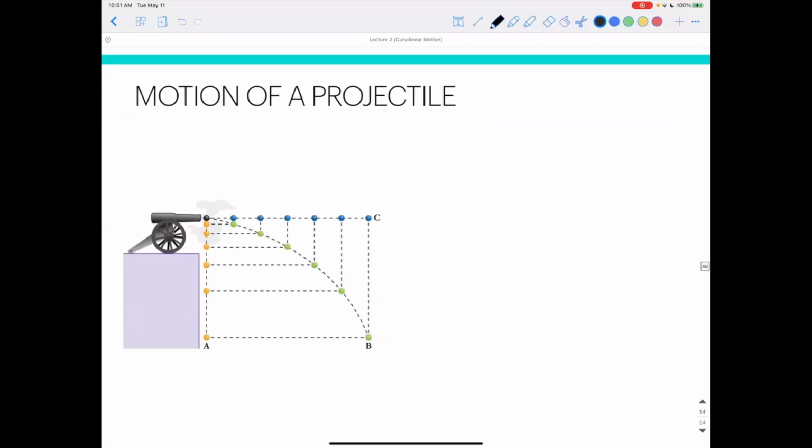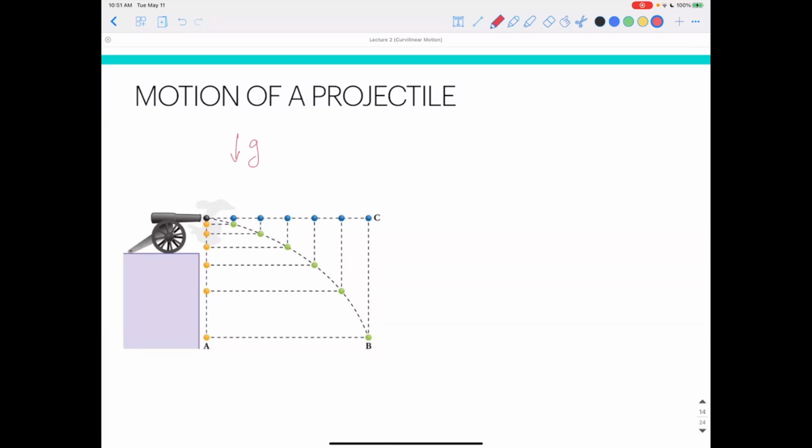So there's some key point that's important in understanding projectile motion. If we just consider this drawing right here, where we have a cannon, it's shooting a cannonball horizontally. And let's just assume for this that gravity is acting downwards in this direction.